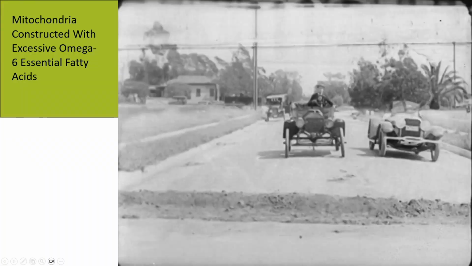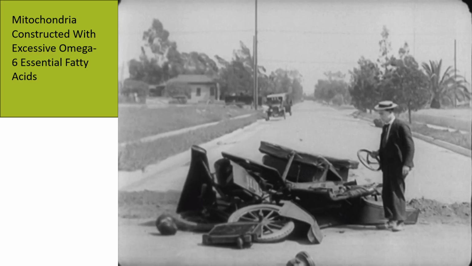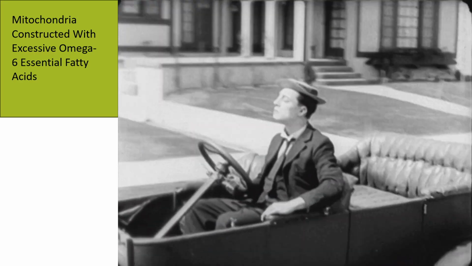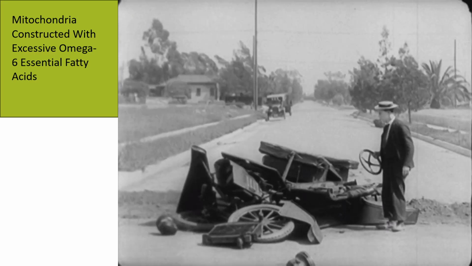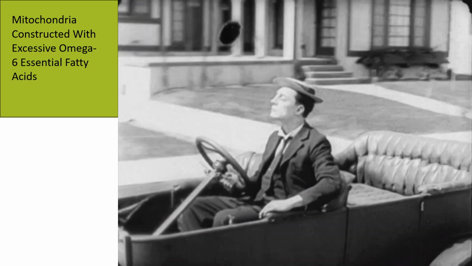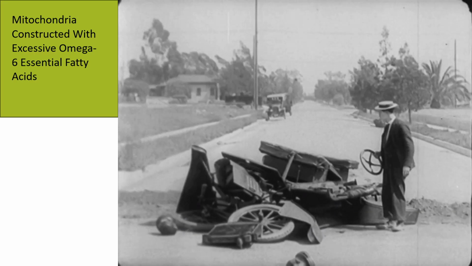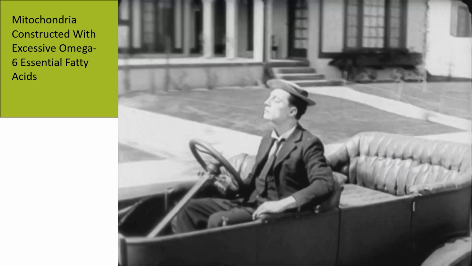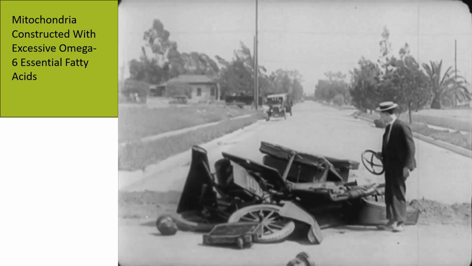This is the best recording that we could find that would illustrate your mitochondria constructed with excessive omega-6 essential fatty acids. There is no possible way, at the rate of cellular oxidation and breakdown, that our cells can remain viable and function properly.